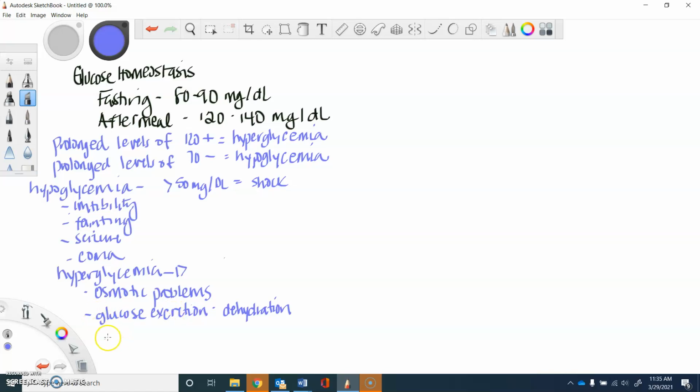Too much glucose in the blood vessels, so elevated glucose in vessels, is inflammatory. Okay, so it causes inflammation.